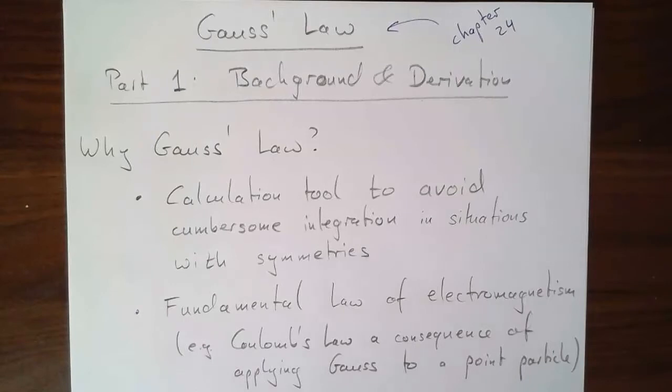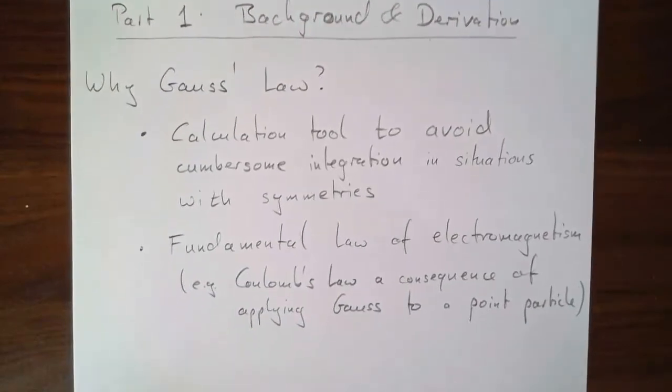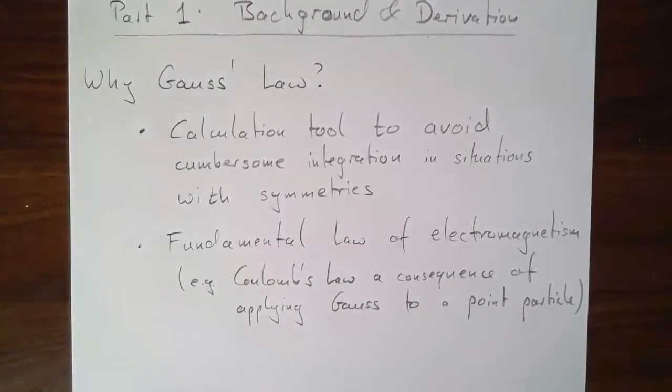Okay, so why bother with Gauss's law? Well, there are two reasons. The first one is essentially it's a calculation tool, and the key usage it has, it allows us to avoid those cumbersome integrations that you were struggling with in chapter 23. Gauss's law is chapter 24.